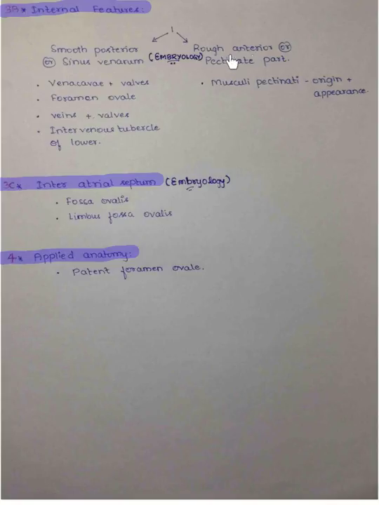Coming to the rough anterior part, also called the pectinate part of the wall, which in simple words is the anterior wall. It is rough because of the presence of the musculi pectinati, or pectinate muscles. These are ridge-like muscles originating from the crista terminalis as parallel bands or ridges in the right auricle.